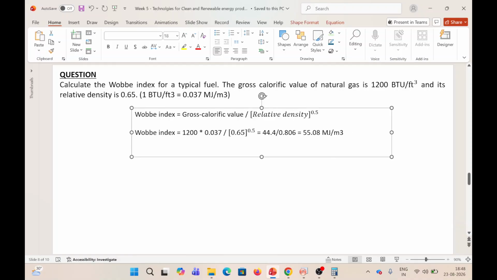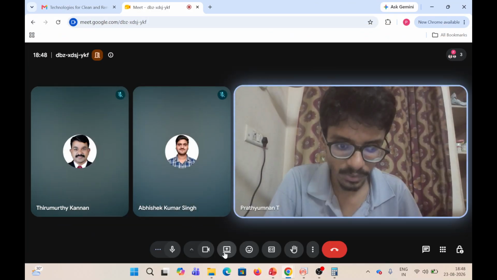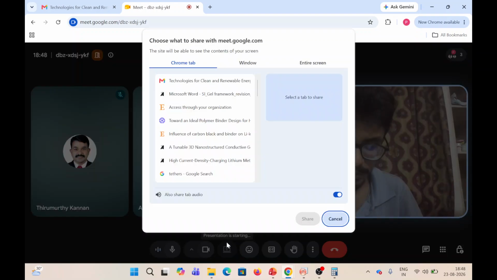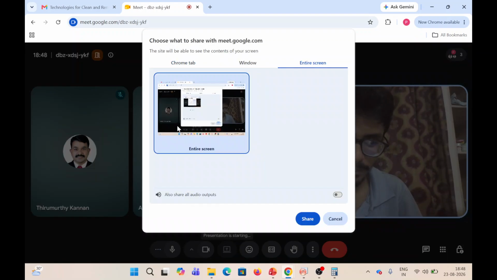So the exact answer is 55.08 megajoule per meter cube. Sorry, there was a connection issue. So let me just share my screen.